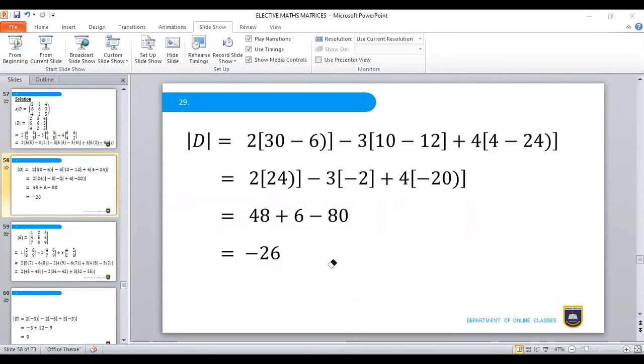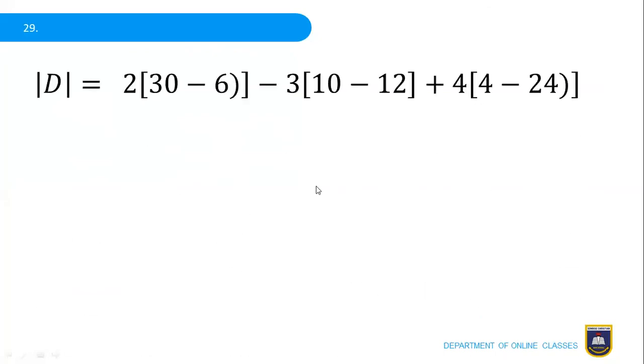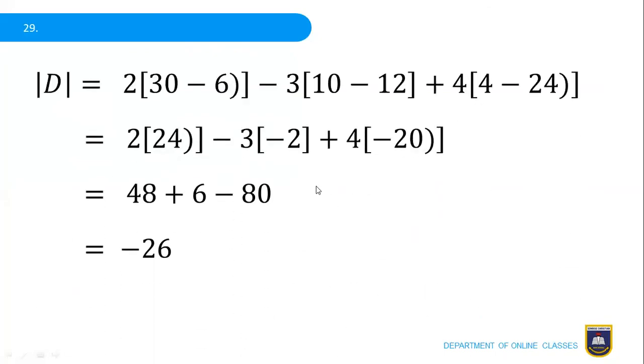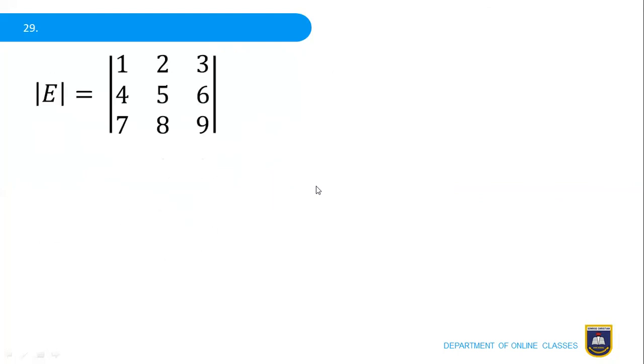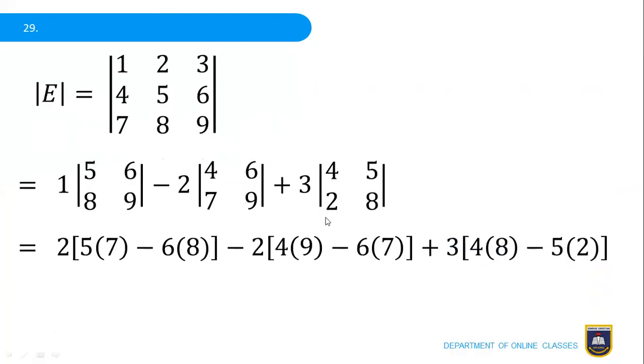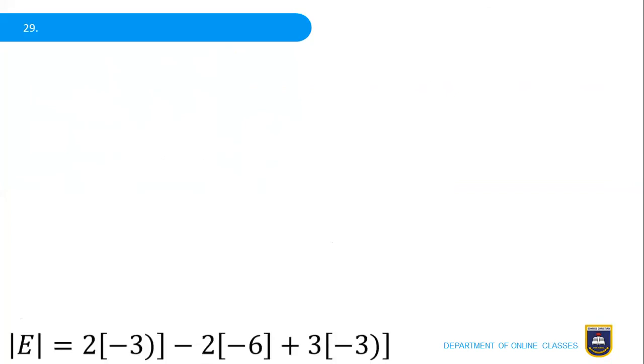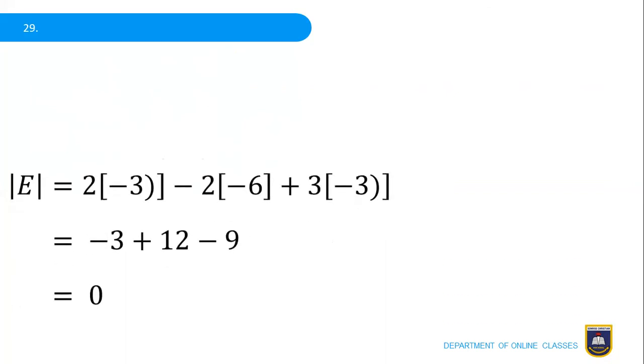You had what? 0. Okay. Now let's check our solution. So to find the matrix E, this is the solution. And if you go through all the steps, your final answer will be 0. Your final answer is 0.